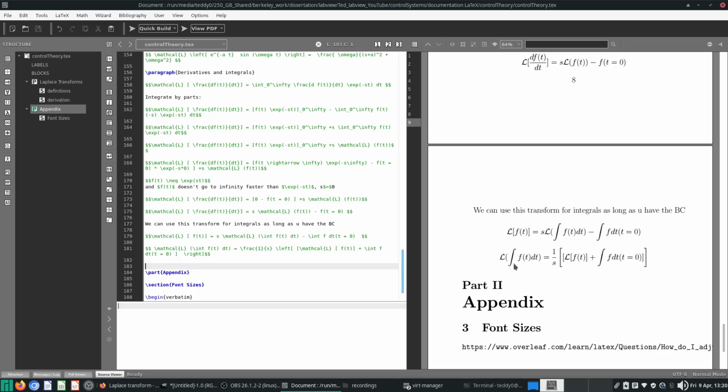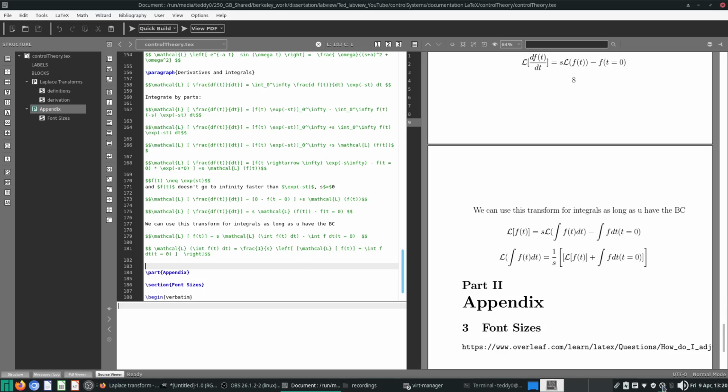And then when you integrate something, you just put 1 over s times this integral here. So the Laplace transform of the integral of f of t dt is just 1 over s times the Laplace transform of f of t, and of course, you have this other constant here.